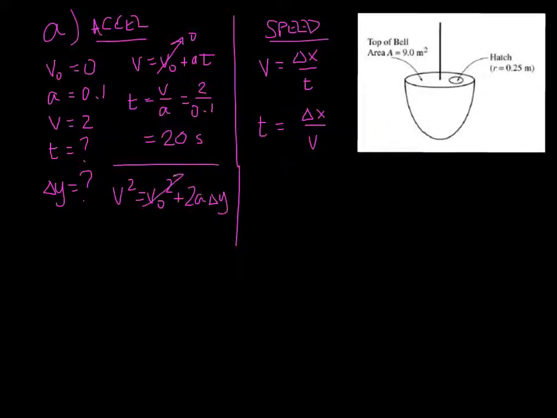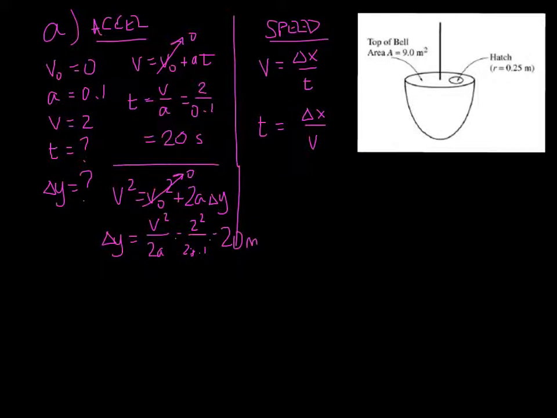The v0, again, is equal to 0. So rearrange for delta y, it is v squared over 2a. So 2 squared divided by 2 times 0.1 gives you a distance of 20 meters.